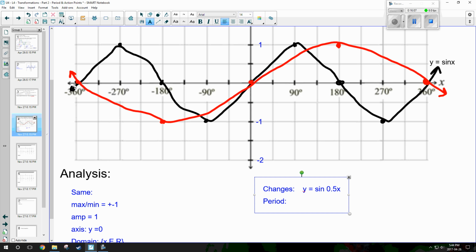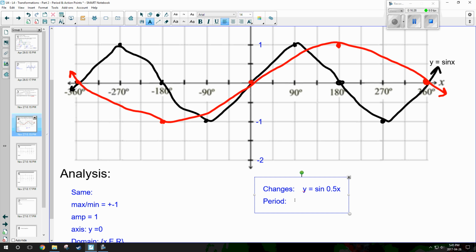In this case, it takes from -360 all the way to +360 for our cycle to go through one full piece of our wave where it goes down and up. That's one full cycle.